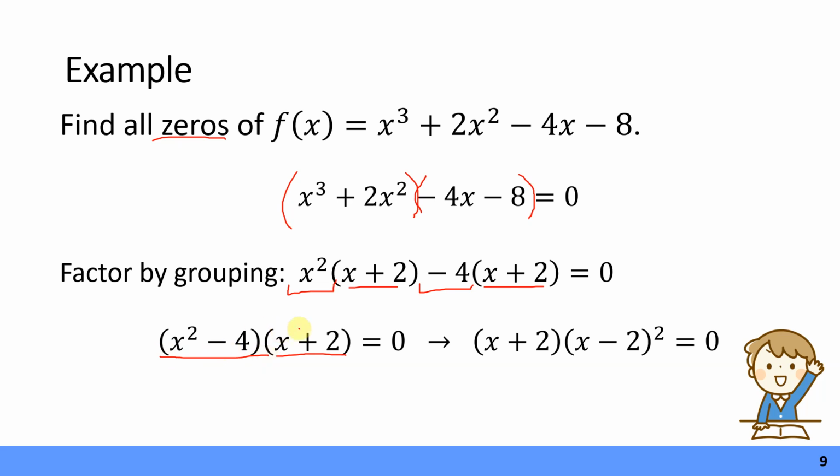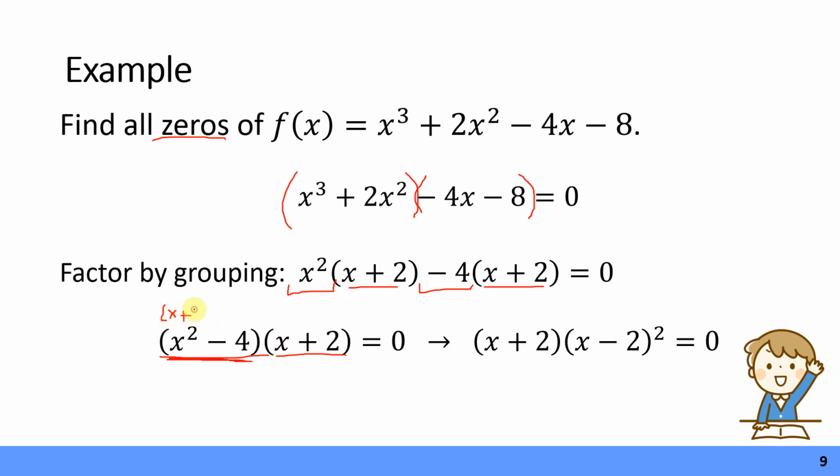Now from here, you should know that this is a binomial, which is a difference of squares. So every time you have a perfect square minus a perfect square, that can be written as x minus 2 and x plus 2. Okay, so I'm going to go ahead and do that real quick here. So this right here becomes x plus 2.